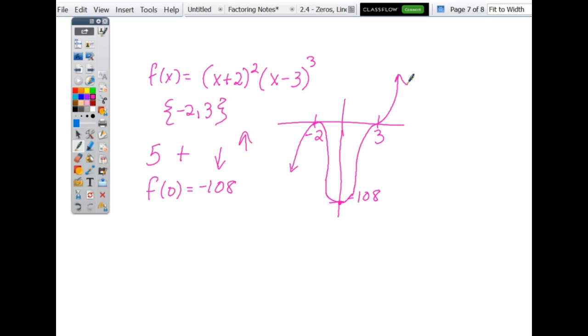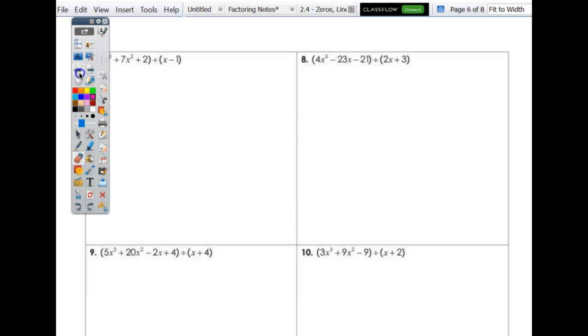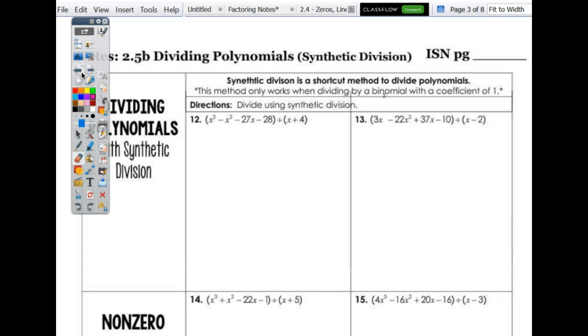Okay, on your notes. So yesterday we talked about long division, and today we're going to talk about synthetic division. We like synthetic division because it's faster and it's easier. When do you have to use long division, though?